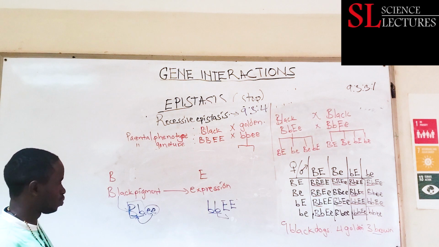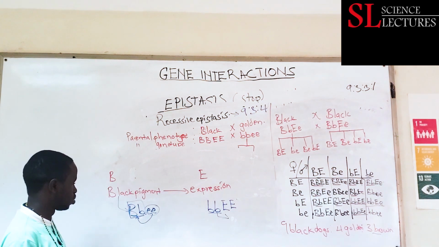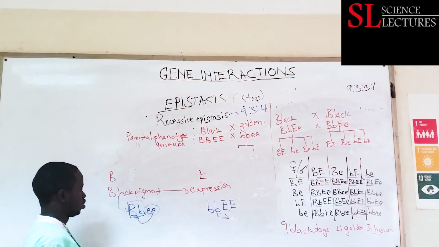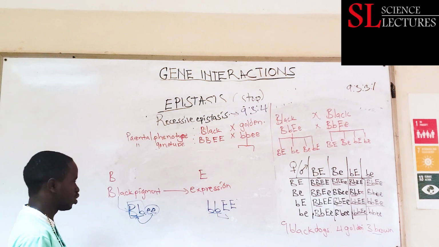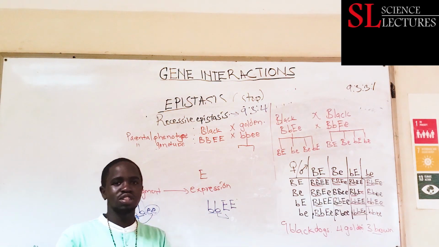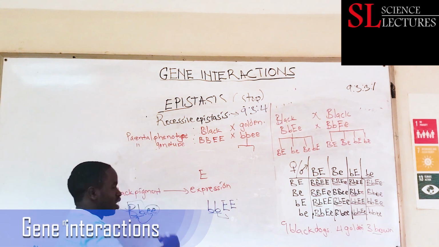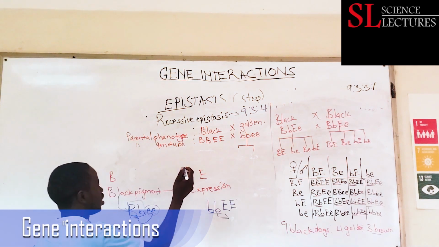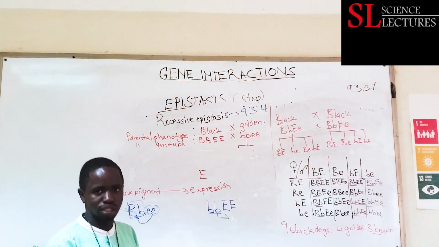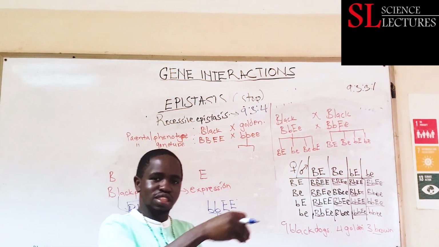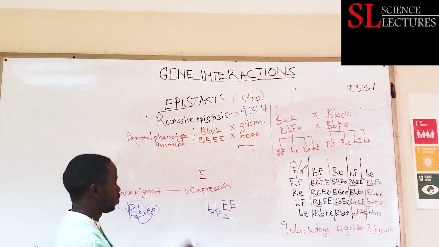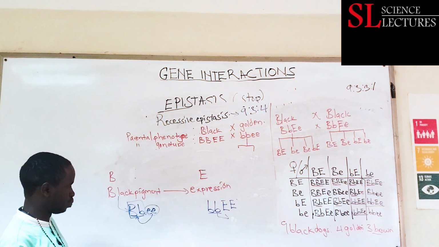So that takes us back to our hypothetical pathway, that gene B is responsible for pigment production, and actually we assume it will also produce enzymes that will be responsible to see that this pigment can undergo various modifications. Then this gene E will produce enzymes that are responsible for the expression of this black manufactured pigment in the phenotype.